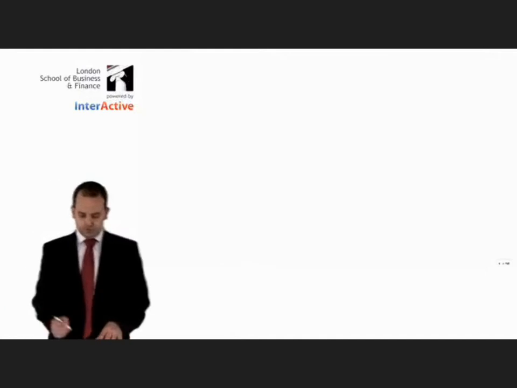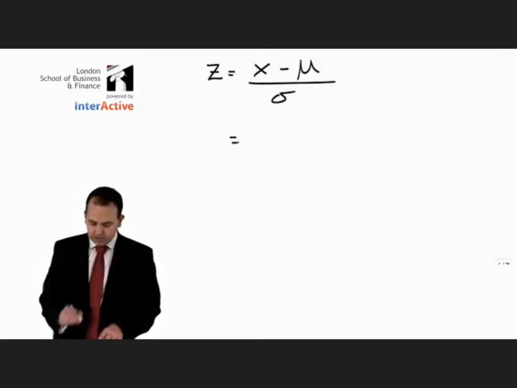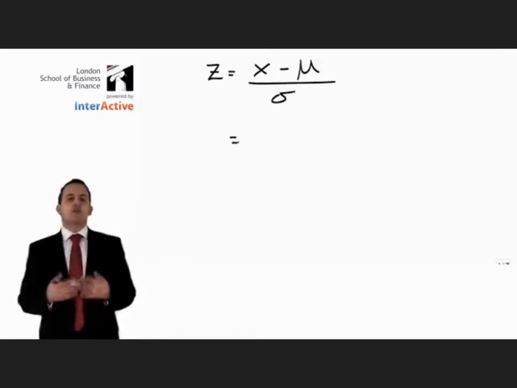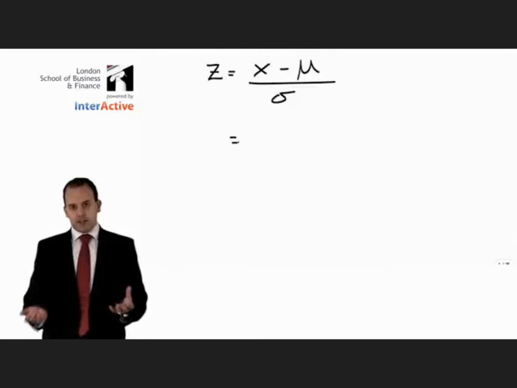So using the formula that we discussed before, Z equals the figure that we are calculating minus the average divided by the standard deviation. So we're trying to work out the probability of it being greater than 0.